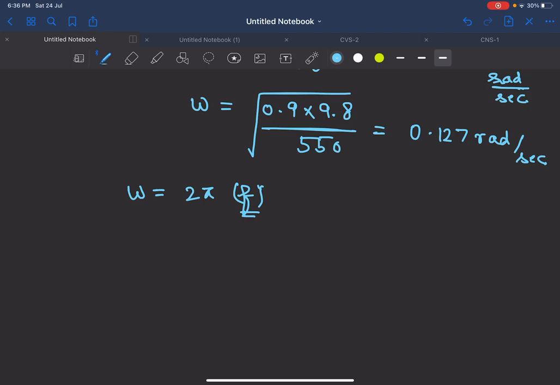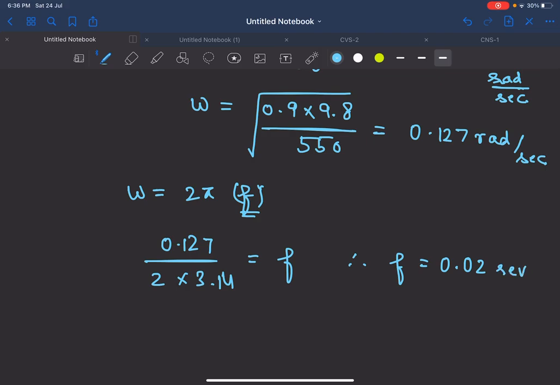So now we are going to solve it. 0.127 divided by 2 into 3.14, which gives us the frequency. So the frequency is equal to 0.02 revolutions per second. Very simple.